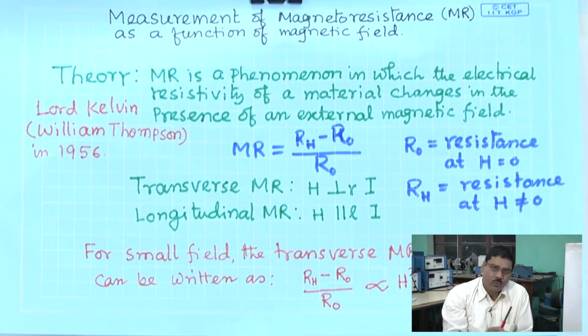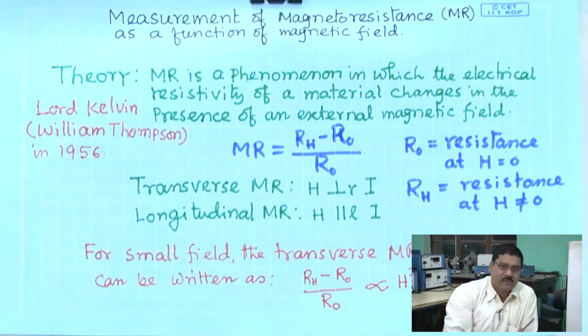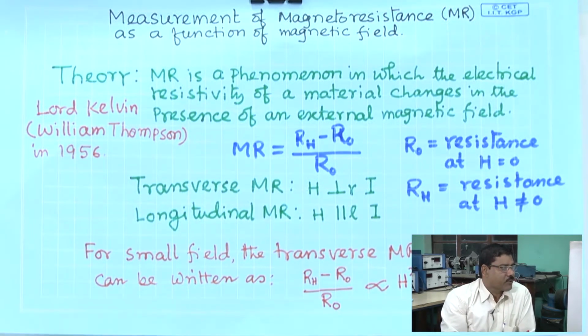So, to know the magnetoresistance, we have to measure the resistance of the sample without magnetic field and then the resistance of the sample in the presence of magnetic field, and then using this formula we can calculate the magnetoresistance.